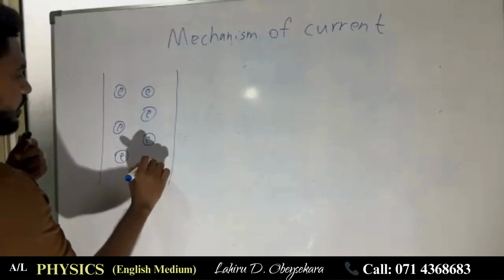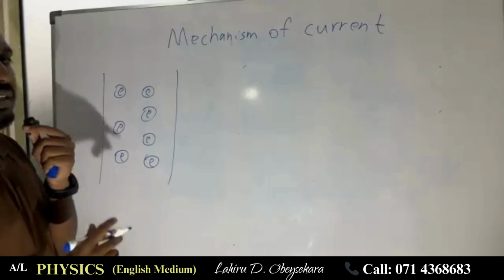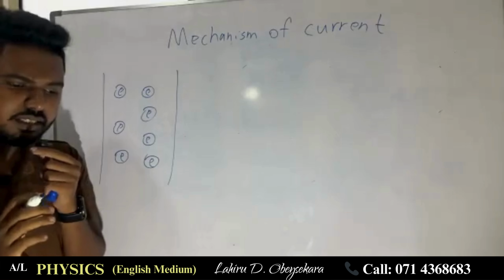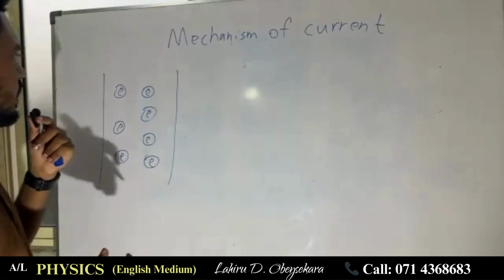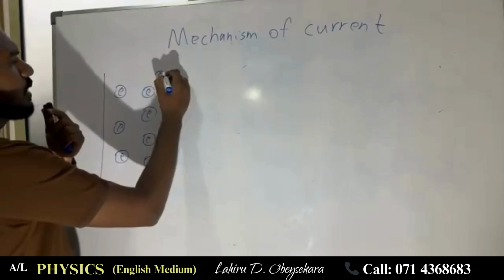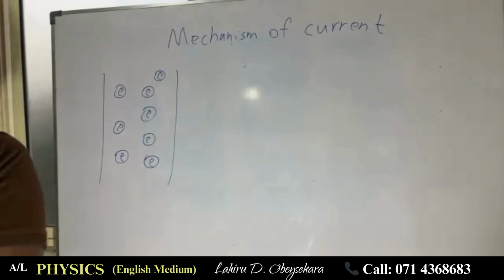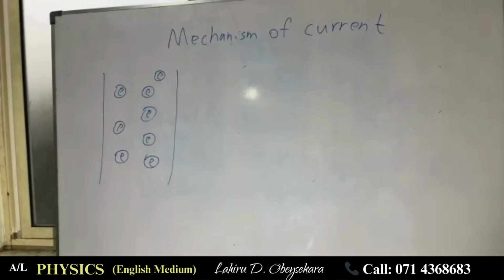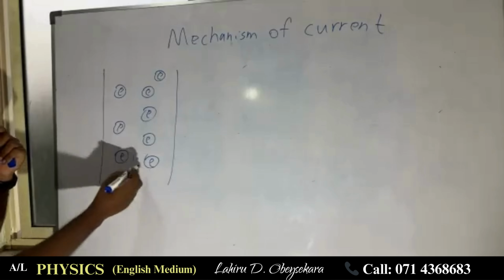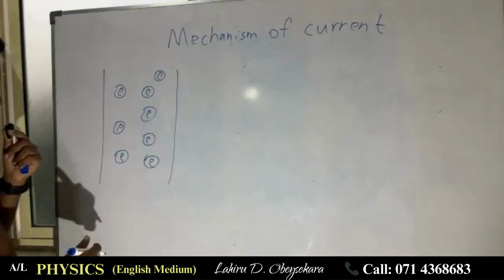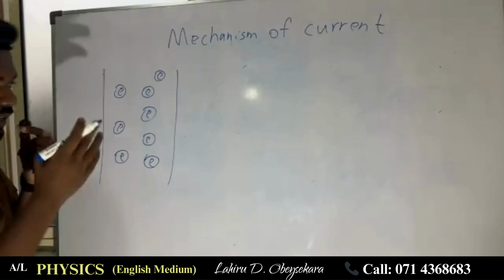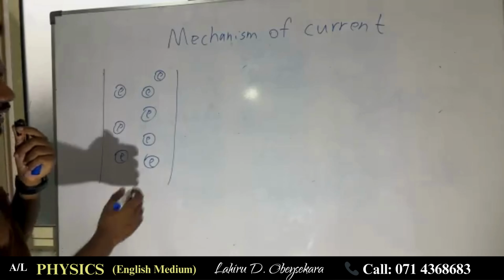Now we know current flows through conductors. Now I'm going to consider a conductor. If we take a conductor at the micro level like this, there are many electrons. But these electrons have different velocities in different directions.